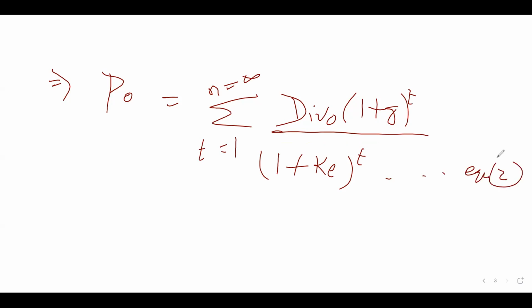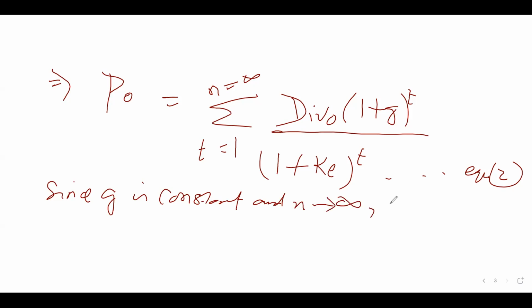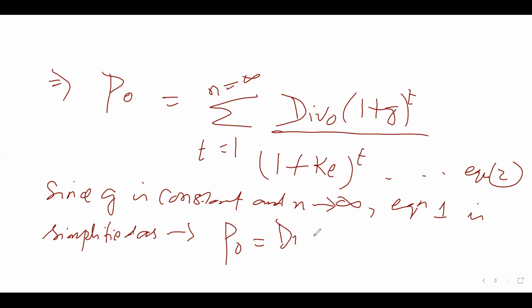So from this, since g is constant and n is tending to infinity, equation 1 is simplified as P0 equal to the dividend divided by (Ke minus g).